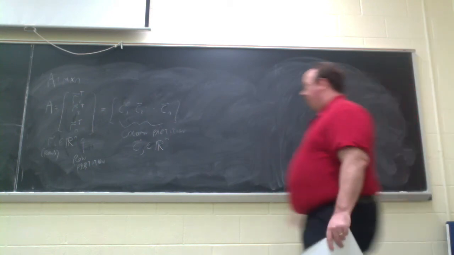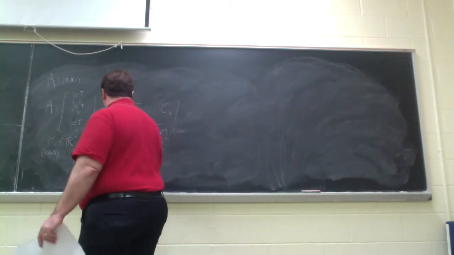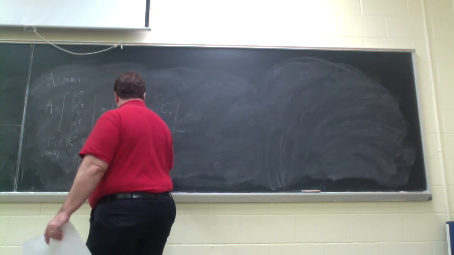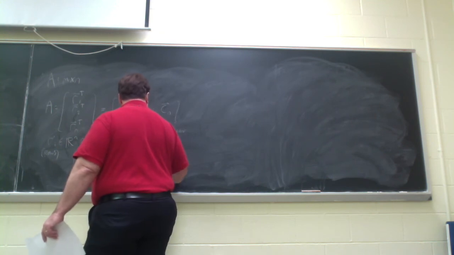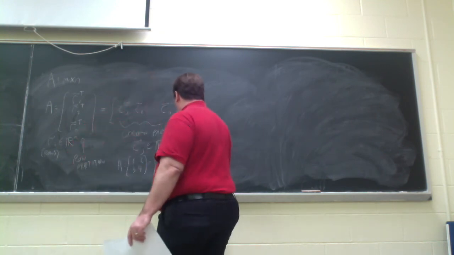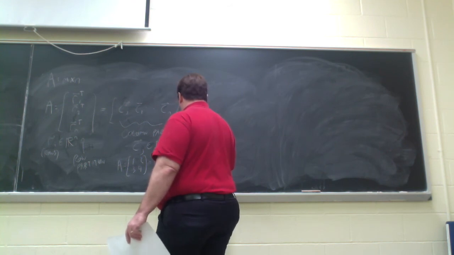So, for example, if A is the matrix 1, 2, 3, 4, we can write it as a row partition, R1 transpose and R2 transpose. We can also write it as a column partition, C1 and C2.